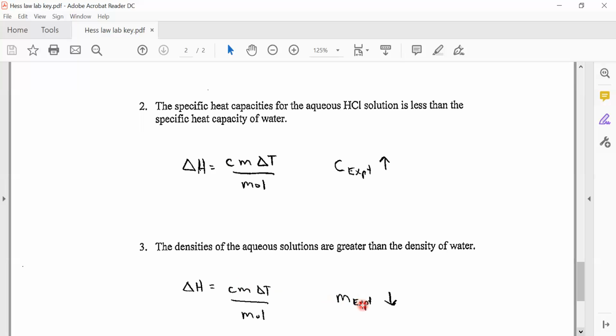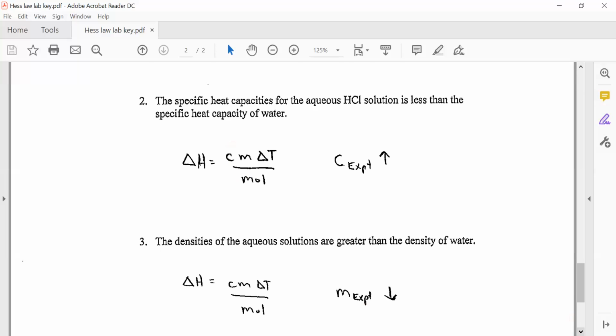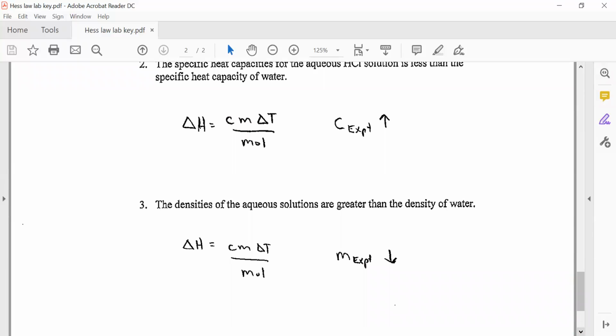So I used too low of a value, which would make my experimental mass too low. And if the experimental mass is too low, it's going to make this too low as well. The percentage too low is probably not very big, but that is the direction of error. So make sure that that makes sense to you.